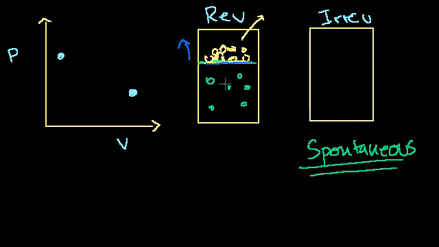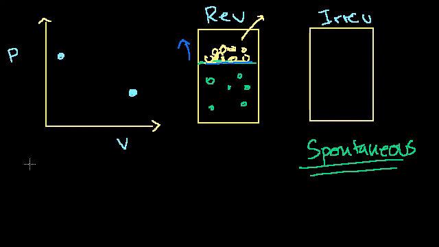The pressure will push up, but as we move up, we'll have lower and lower pressure because the gases will bounce into this surface less, and we'll have a higher volume. So as we remove each infinitesimally small grain of sand, super slowly, always infinitely close to equilibrium, we move from this state to this state.